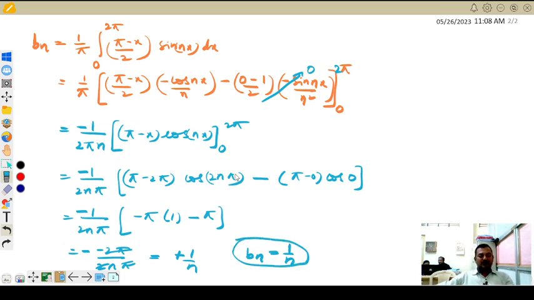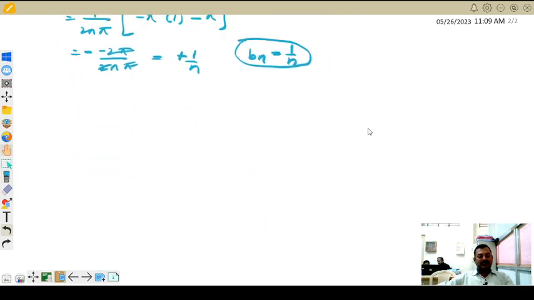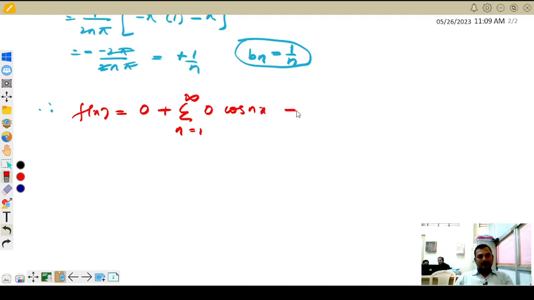So now we are going to substitute these values in the Fourier series. Therefore, the Fourier series becomes f of x is equal to a naught by 2, which is 0, plus summation n runs from 1 to infinity, an is also 0 into cos nx, plus summation n is equal to 1 to infinity, bn value is 1 by n into sin nx.